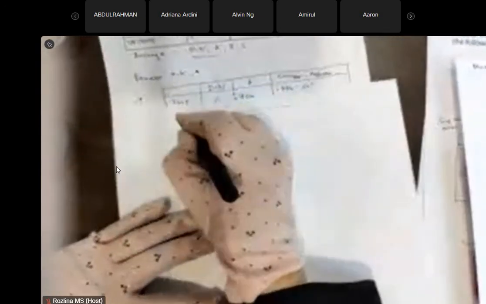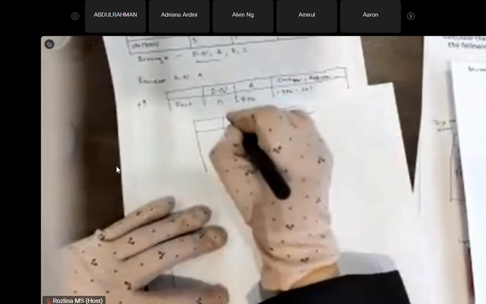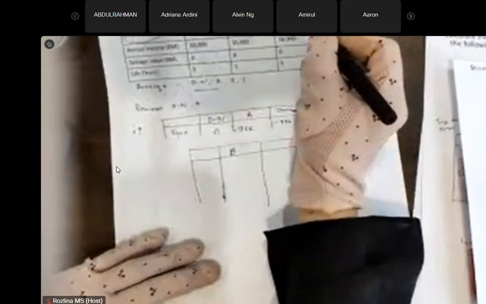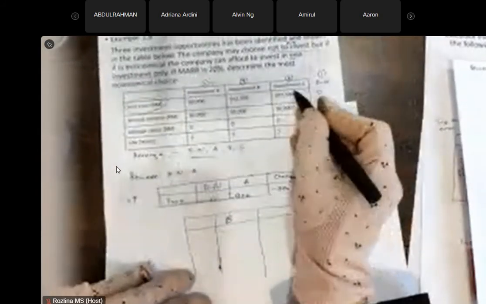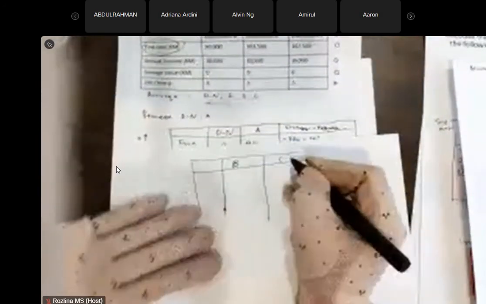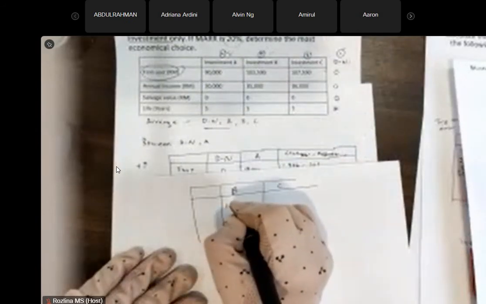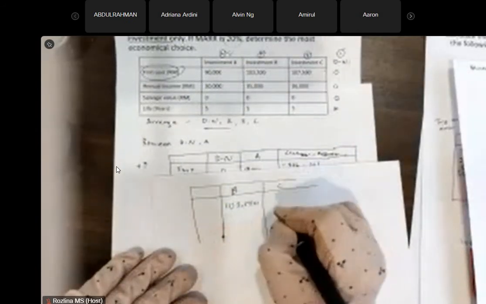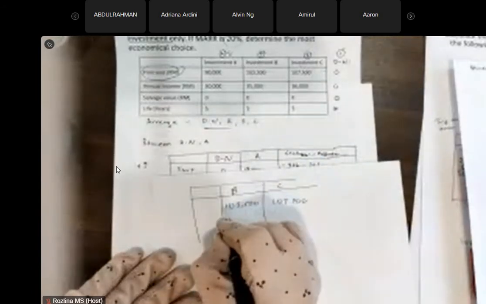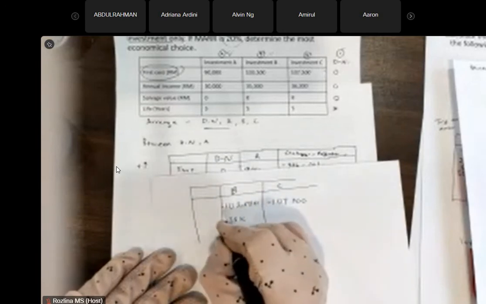Do the same. You have to do between B and C. So between B and C, this one is negative, that one is positive.